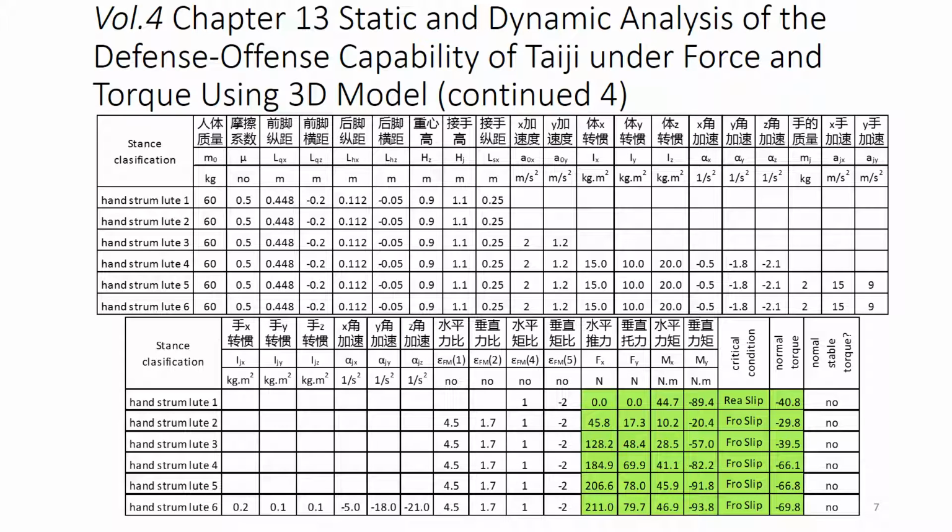Case 6. FX 211.0 Newton. FY 79.7 Newton. MX 46.9 Newton-meter. MY negative 93.8 Newton-meter.